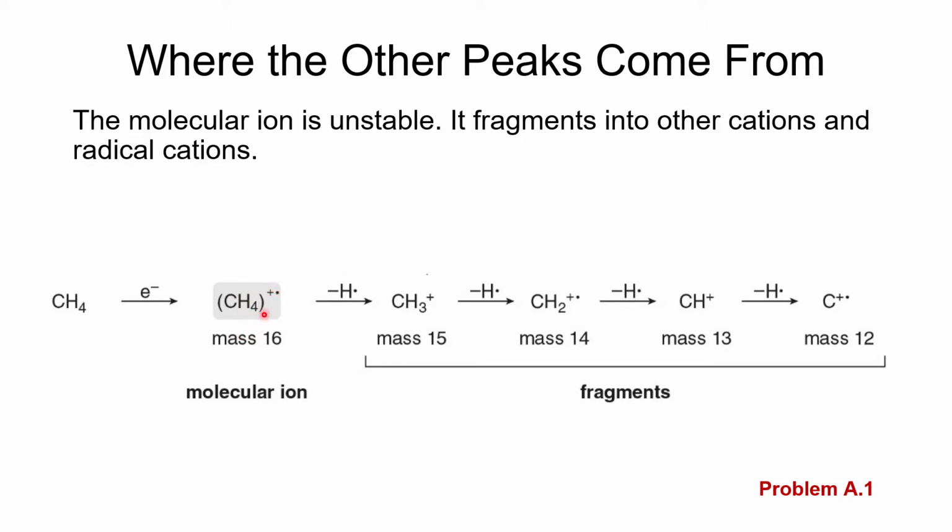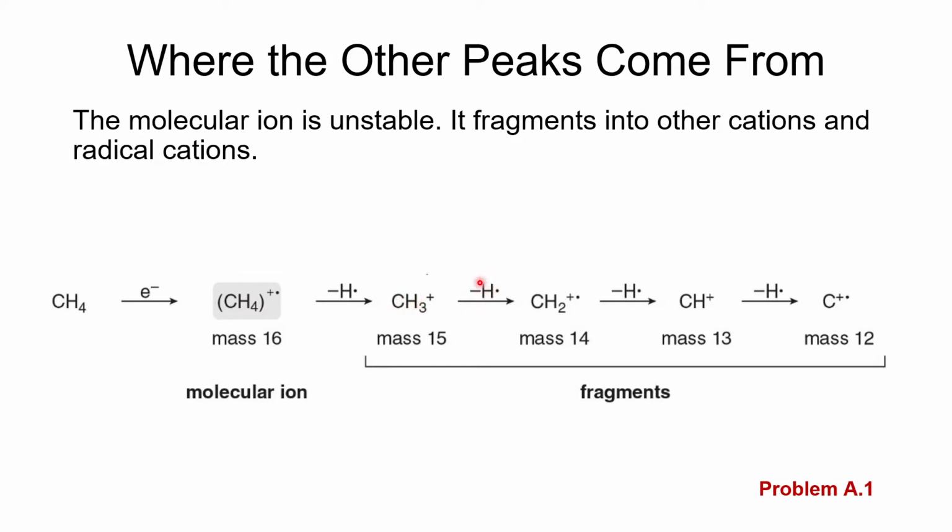Now that decomposes pretty quickly, but enough of it sticks around that it will fly through the mass spectrometer, and we pick it up. It ended up being the base peak. But the other peaks that we observed are going to include the CH3 plus, which is the methyl carbocation, which is one of the few ways you can actually observe that carbocation.